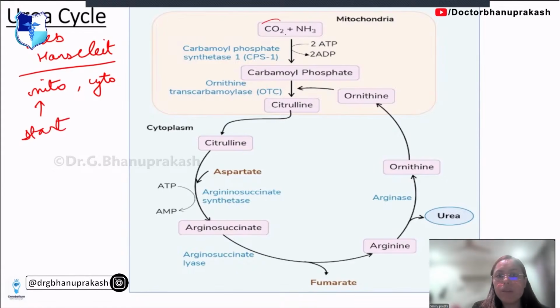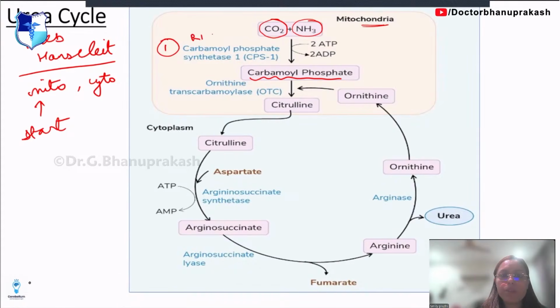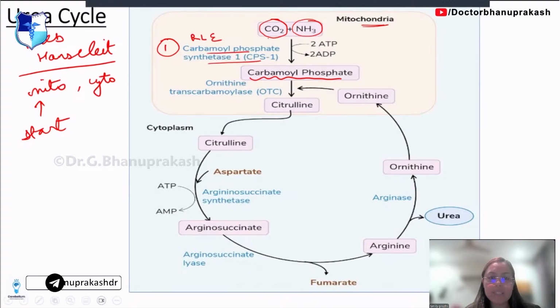Carbon dioxide and ammonia join to make carbamoyl phosphate, the first step of the urea cycle, occurring in mitochondria by the rate limiting enzyme CPS1, carbamoyl phosphate synthetase 1. Synthetase means ATP is used. In fact, 2 ATP are used here. If it is synthase, the smaller name, then ATP is not used.